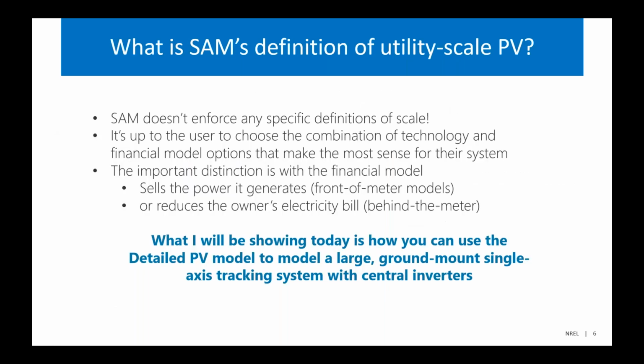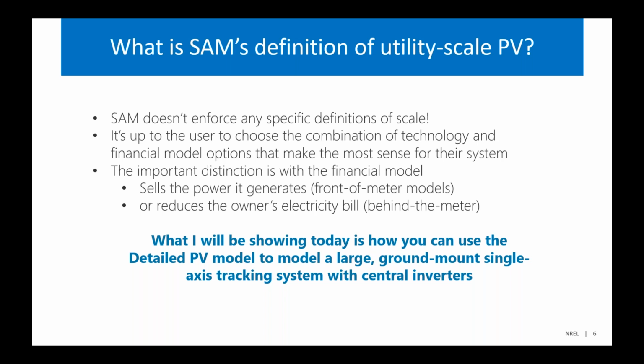I wanted to talk quickly about what is SAM's definition of utility scale PV, because the interesting thing that I think is important to note is that SAM doesn't actually enforce any specific definitions of scale from the technology side for PV. It is up to the user to choose the combination of technology and financial model options that make the most sense for their system.